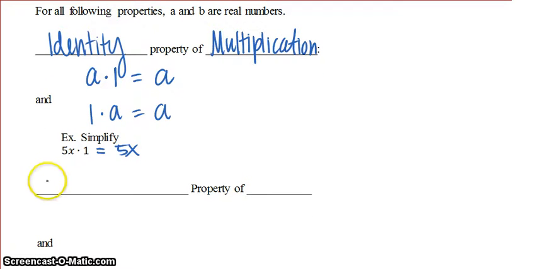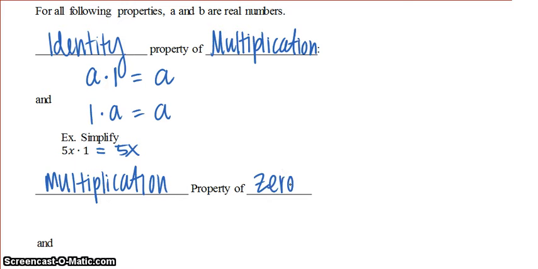Next one is the multiplication property of 0. Again, you might actually hear the book call it, or me call it, multiplicative property of 0. Same thing, same idea.